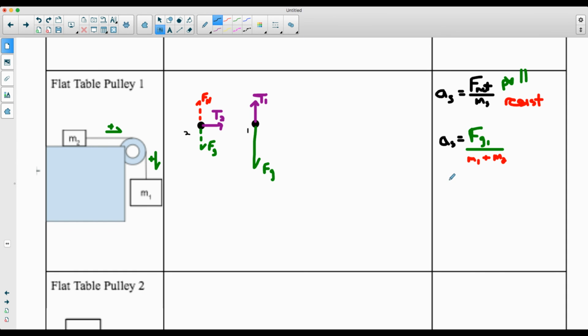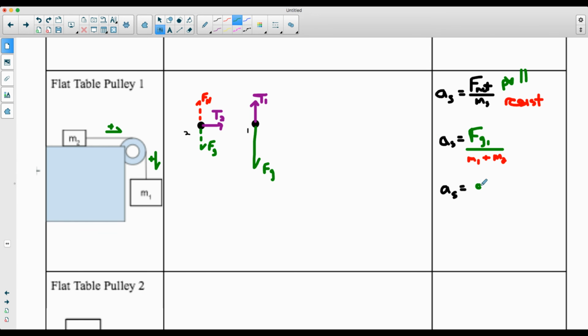And so if you come over here, the acceleration of the system then is the mass of block 1 times G. I should write it the other way around, but we're already done. I write it in the order that we've been writing.